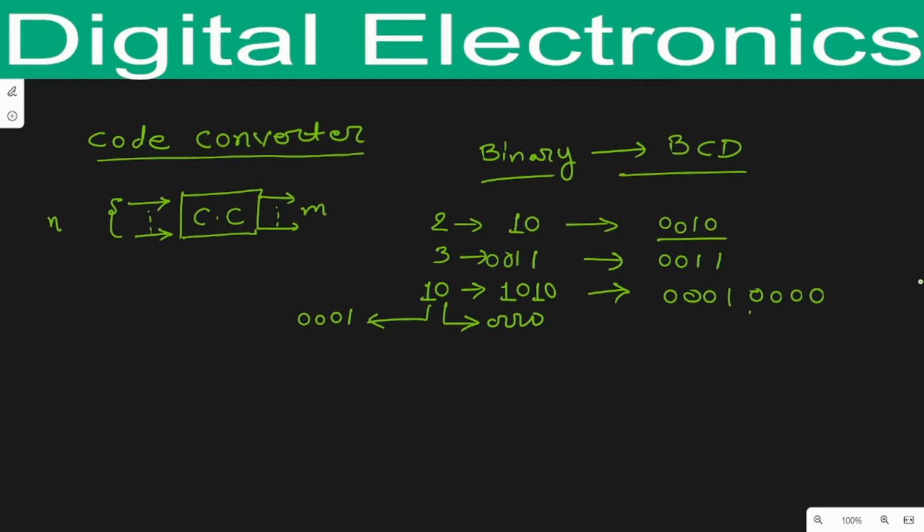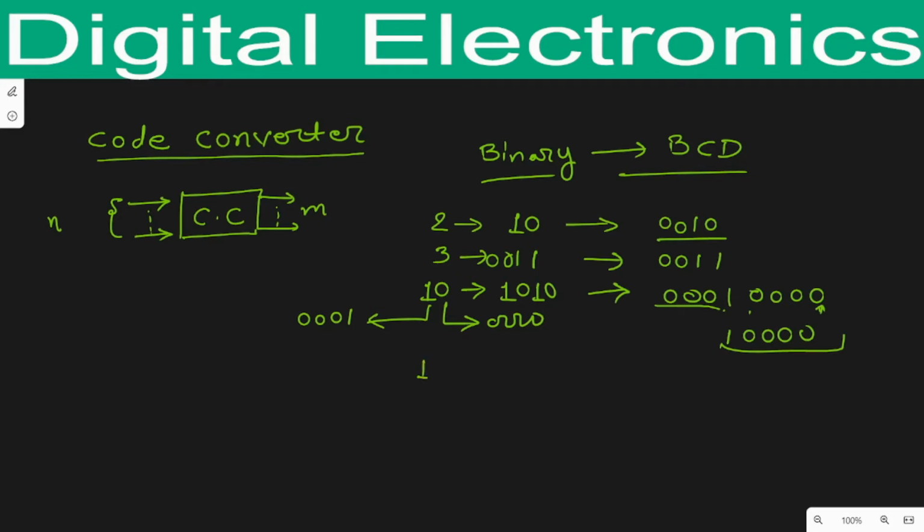We can also write this number as 10000, because we can eliminate the front zeros, but we can't eliminate the lower bits because the weight of the binary code starts from 2 raised to power 0. So we can neglect the 0 if it is on the MSB side.